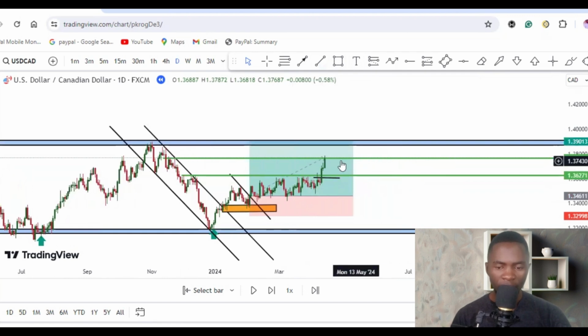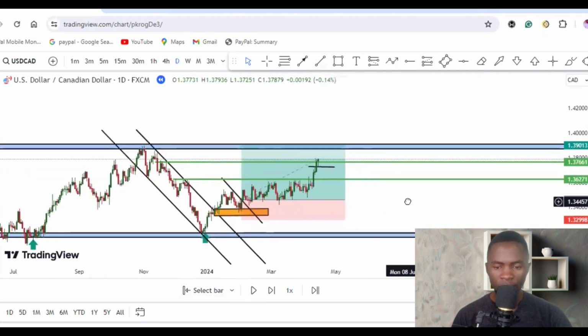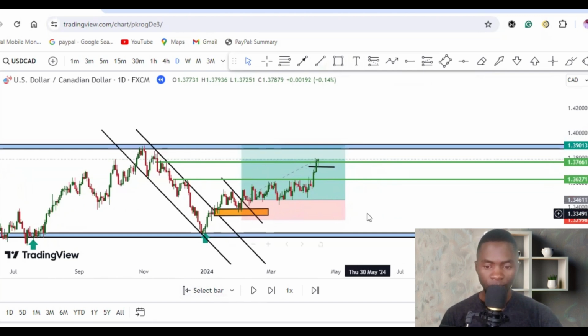And remember, guys, the market has already touched my take profit 2. So the next thing that I will do, I will now start to tighten my stop loss. So I will move my stop loss from there to around this place, because the market is already on my take profit 2.